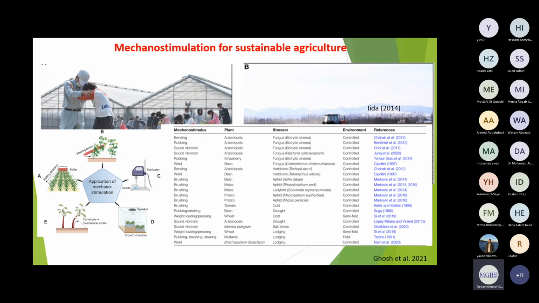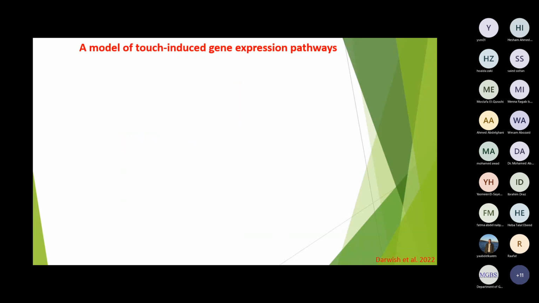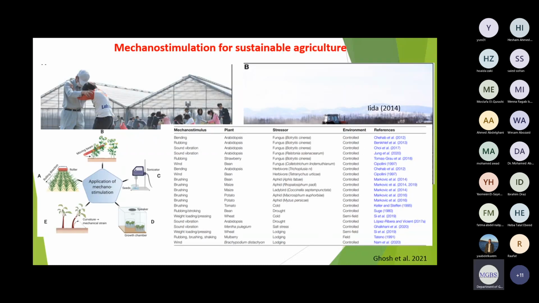For instance, this treatment increases drought tolerance in bean. So it means that there is a good effect of mechanical stress on plants.